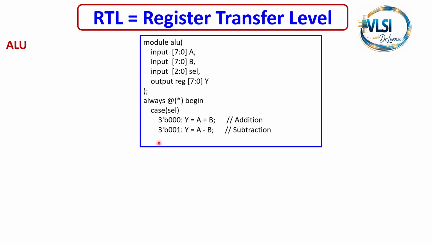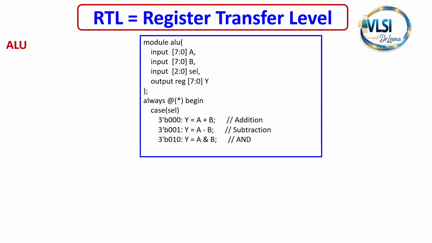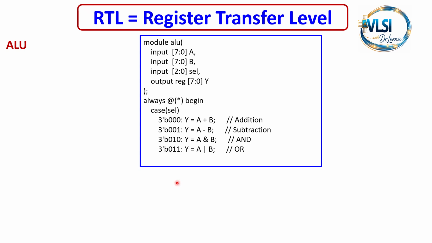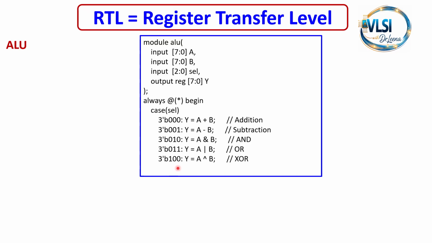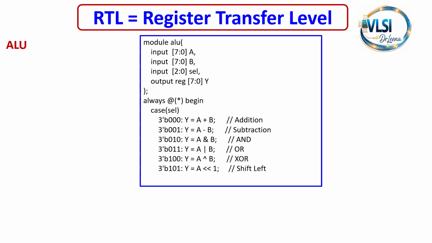Then if sel is 001, it performs subtraction. When sel is 010, it performs AND operation. When sel is 011, it performs OR operation. When sel is 100, it performs XOR operation.